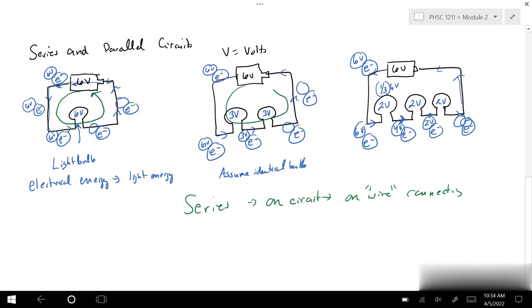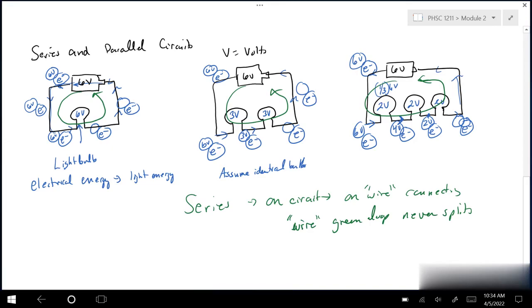As you go around, you can make one loop. So they're all in series. They all flow one after another. The wire, or the green loop, never splits. And you'll see where it splits in a little bit. So we can go through and see what's going on here.